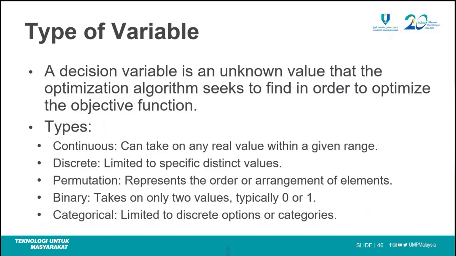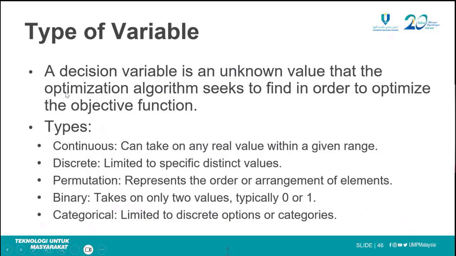We need to know the type of variable that we are dealing with. The decision variable is the unknown value that the optimization algorithm seeks to find in order to optimize the objective function.